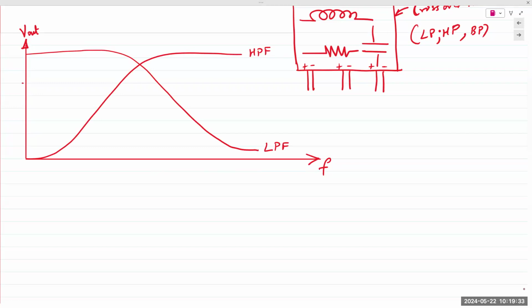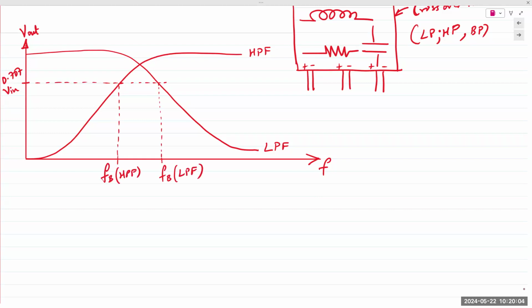If you take 0.707, the cutoff frequencies for each filter, you would have 2 for the entire circuit. If you take individual, right, this is the break frequency or the cutoff frequency for the high pass, and this is the cutoff frequency for the low pass.